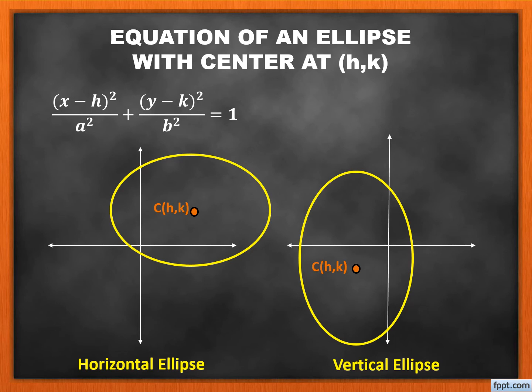If your ellipse is vertical, then your equation of the ellipse is given by (x minus h) squared over b squared plus (y minus k) squared over a squared equals 1.